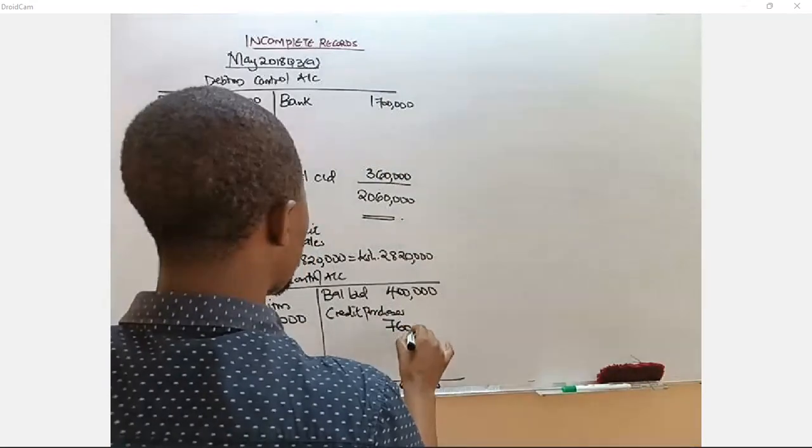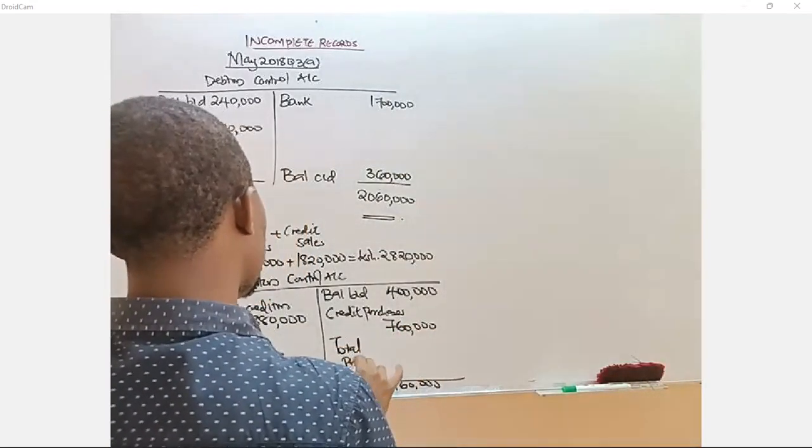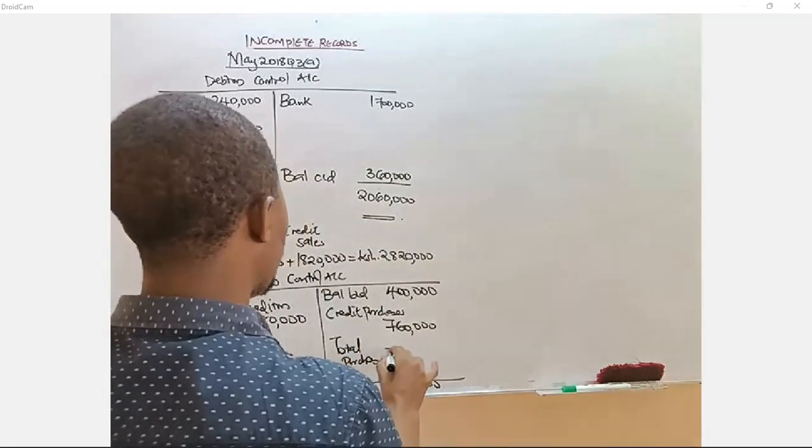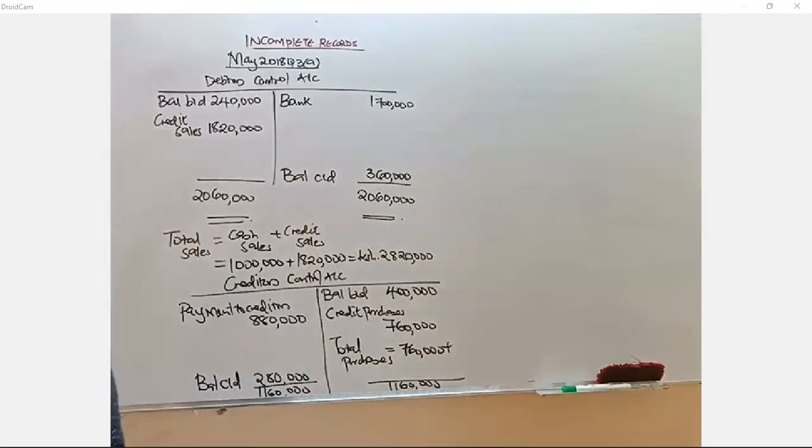Right? So to get my total purchases, you are going to be taking 760,000 plus. Let us look whether we have any purchases which we were able to make during the year. There is an information note number 2 where we are being told all the cash sales were paid into the bank with the exemption of 440, which was debited in the income statement general expense.